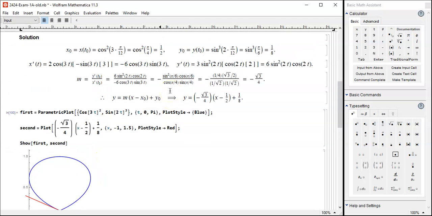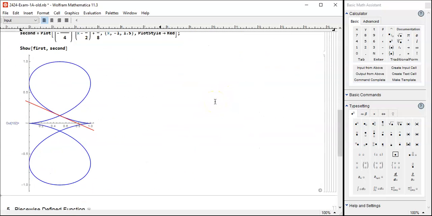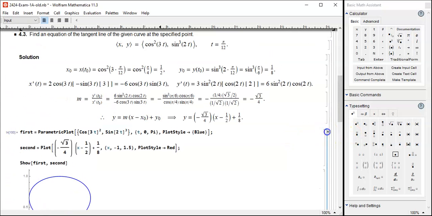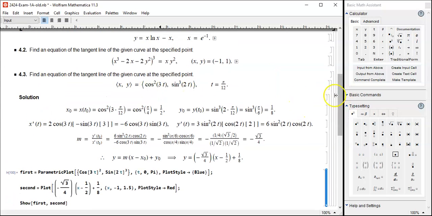And at t equals pi over 12, I'm expected to get this line. Looks like I should be starting from here, not from the origin. From here, and then move like this, following my mouse. Even if you cannot visualize, that's going to be okay as long as you do a computation.